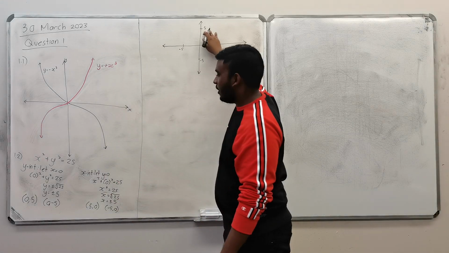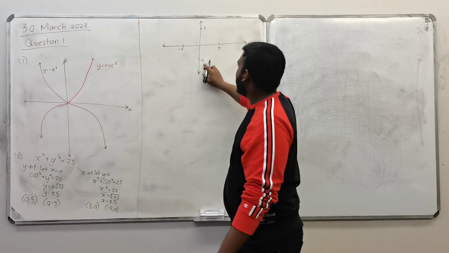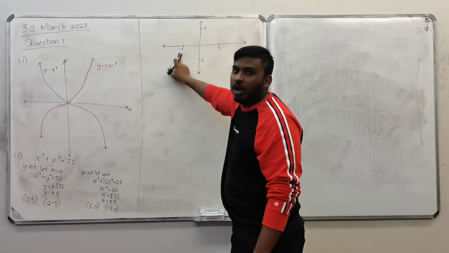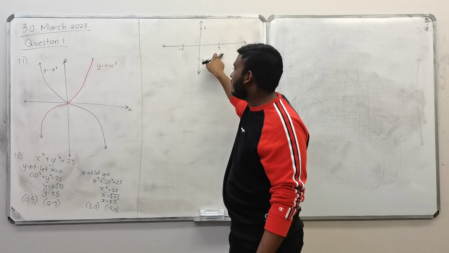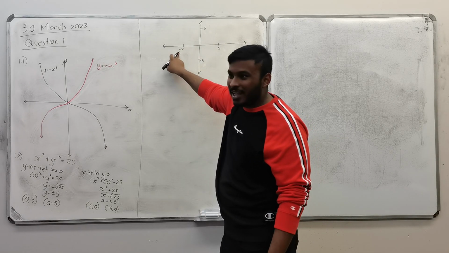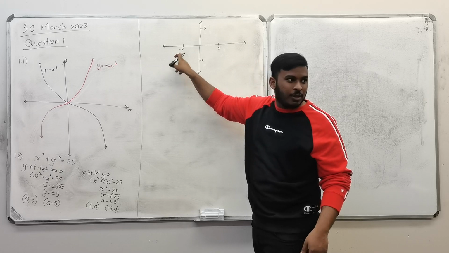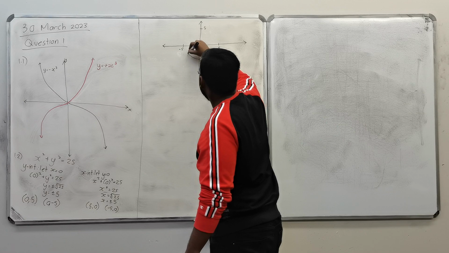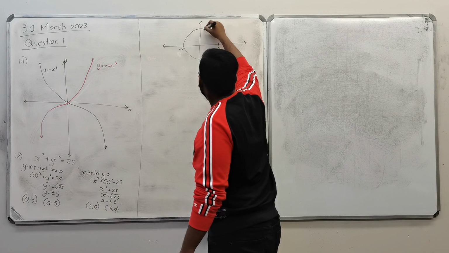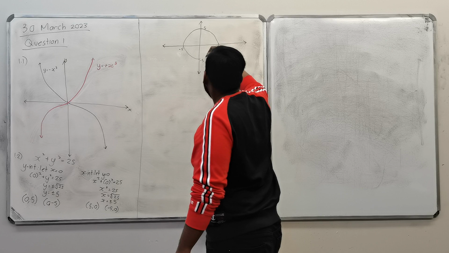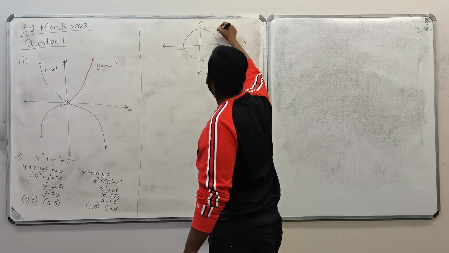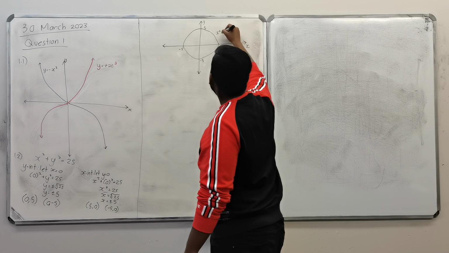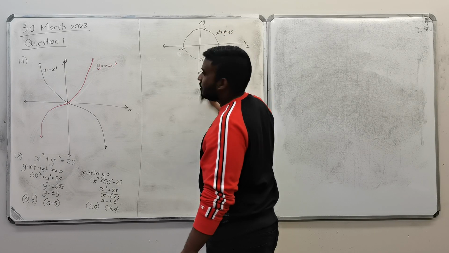So this was your y coordinate of (0, 5), this was the other y coordinate of (0, -5), the x coordinate of (5, 0), and this was your other x coordinate of (-5, 0). So what do you need to do now? Draw the graph, right? All you do is connect. Mine is not necessarily to scale here, but anyway, this is it. That's your y-axis, your x-axis. So this is x squared plus y squared equals 25. It's a circle.